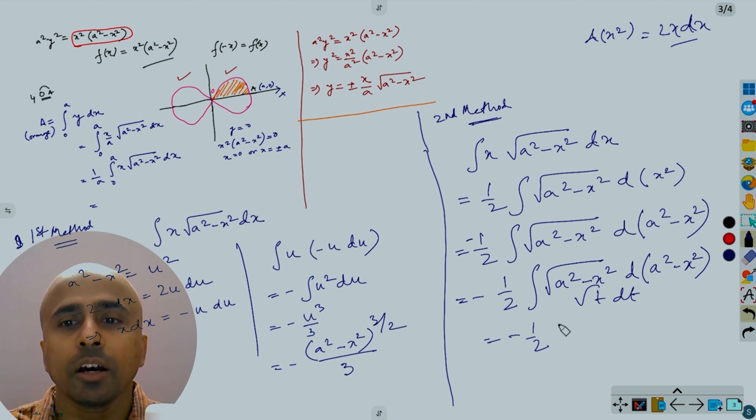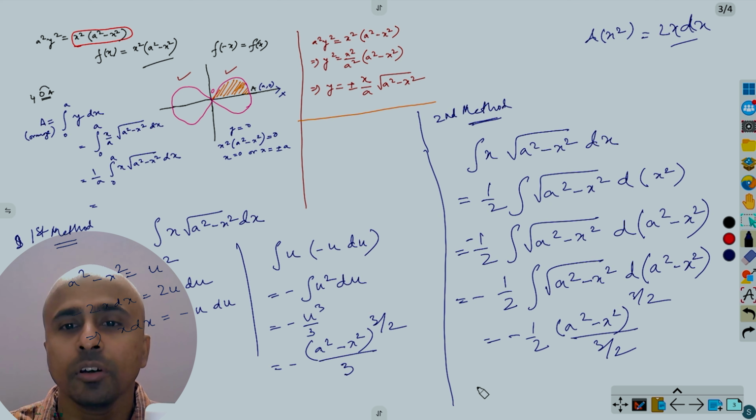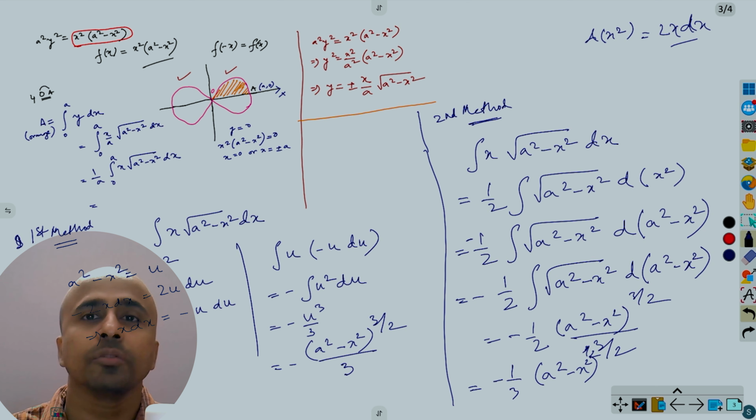And t to the power half, this is basically a square minus x square. This is 3 by 2 times 3 by 2, and simplifying we obtain this as minus of 1/3 a square minus x square to the power 3 by 2.